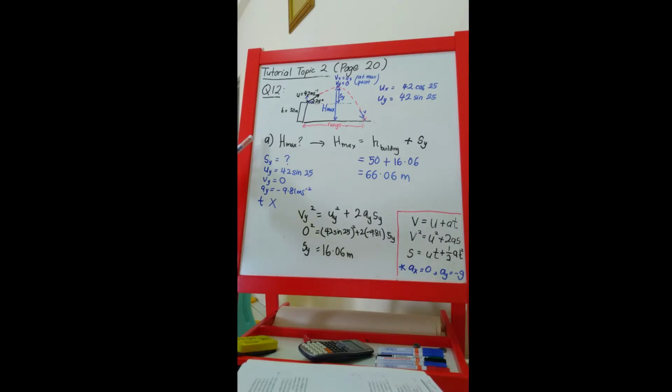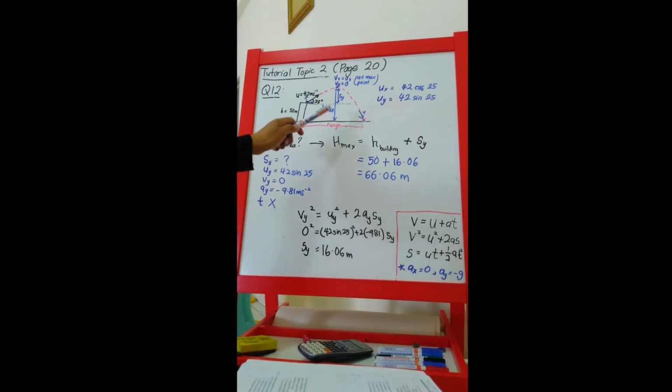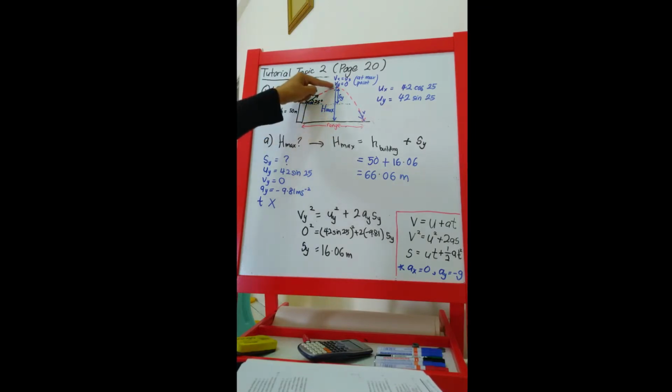Next, for part A, it asks you the maximum height from the ground. So it asks you to find the height from the ground to the maximum height that it reached after it's being projected.